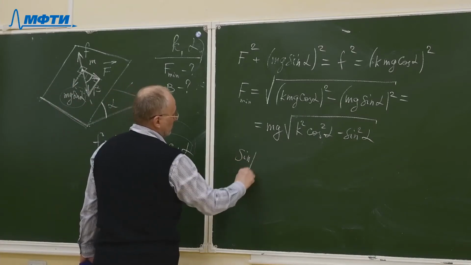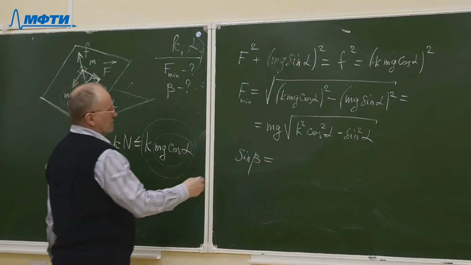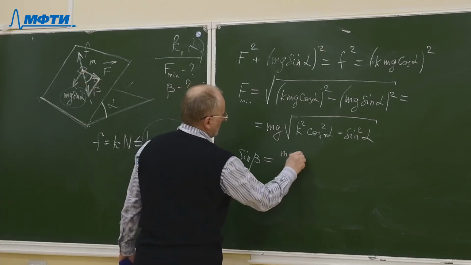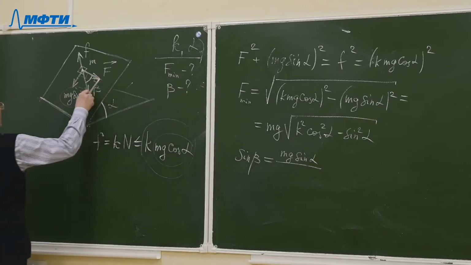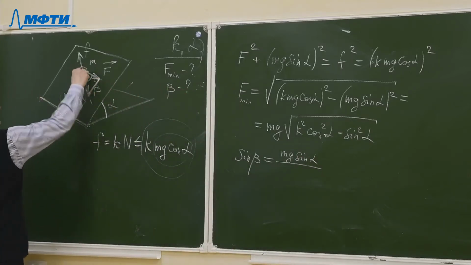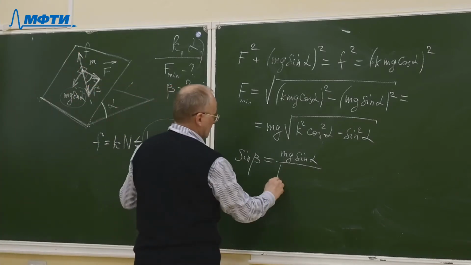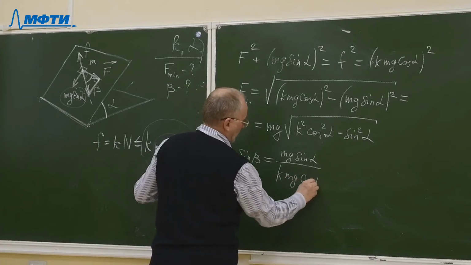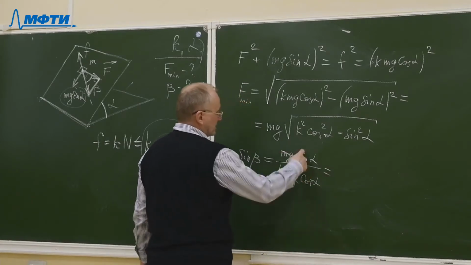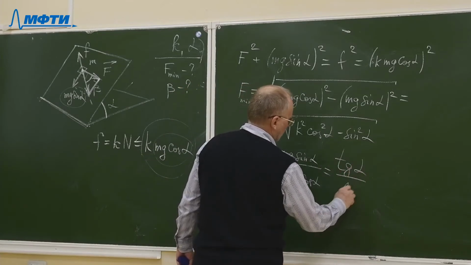The sine of beta will be the opposite leg, mg sine alpha, divided by this diagonal, which is the force of friction, kmg cosine alpha. Mg will cancel, sine divided by cosine is tangent, so tangent alpha divided by k.